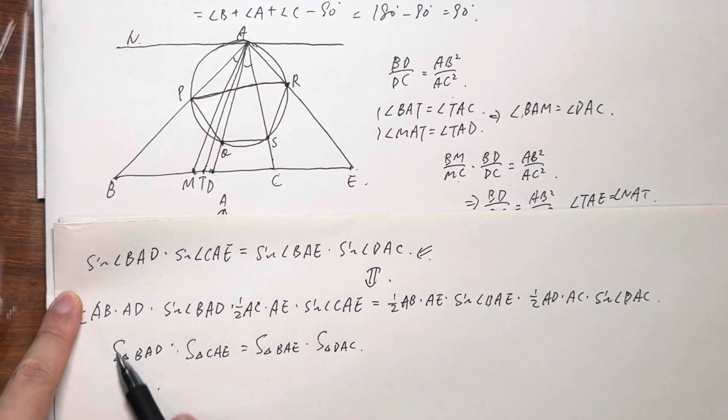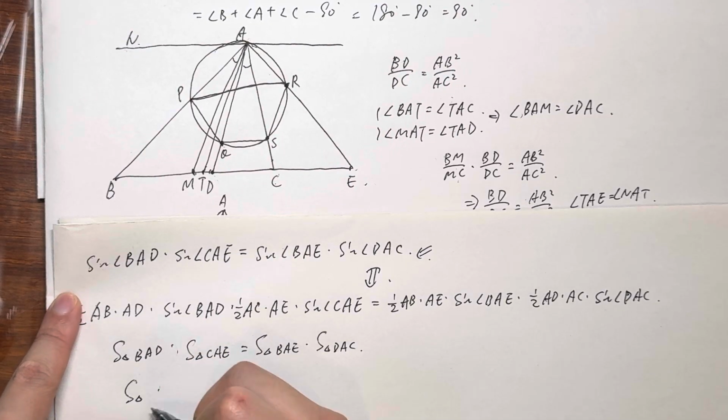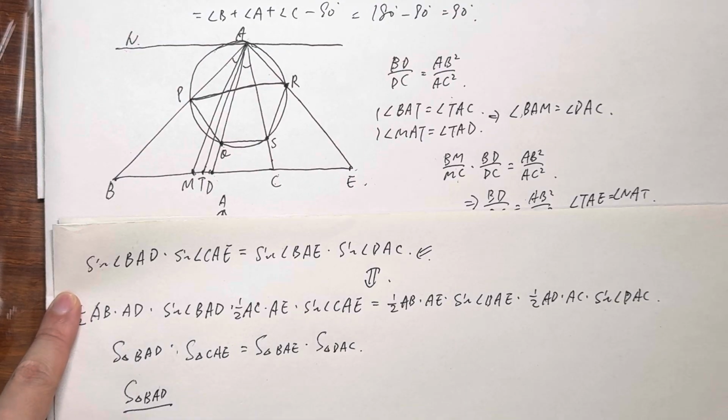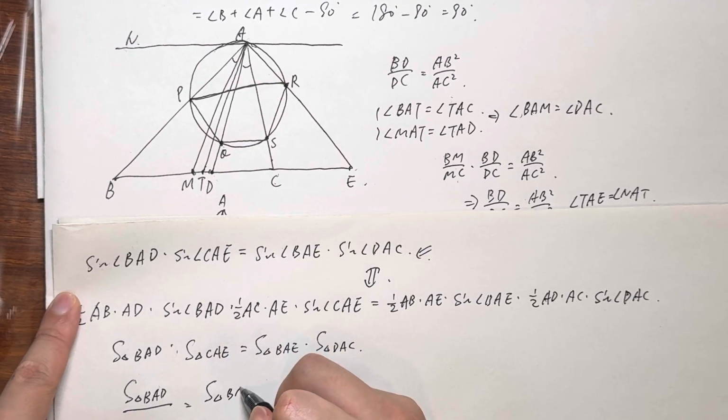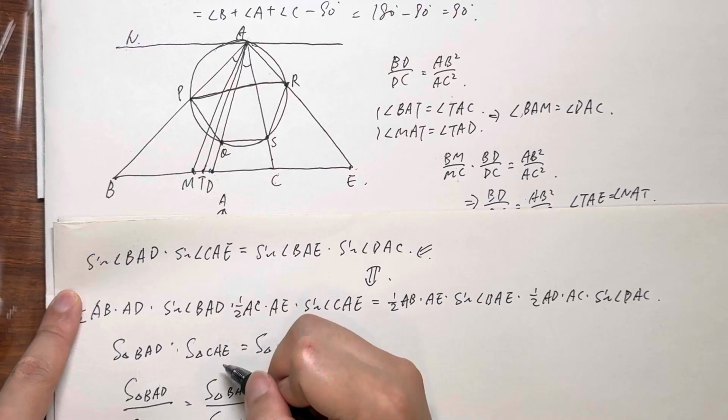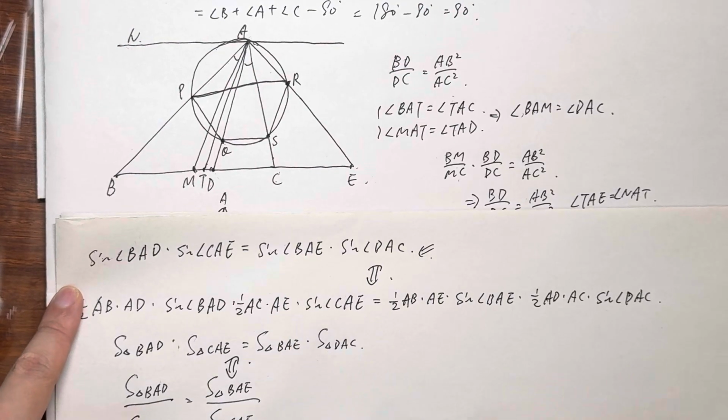So basically we want to prove that the area of triangle BAD to the area of triangle DAC equals the area of triangle BAE to the area of triangle CAE, right? These two are equivalent.